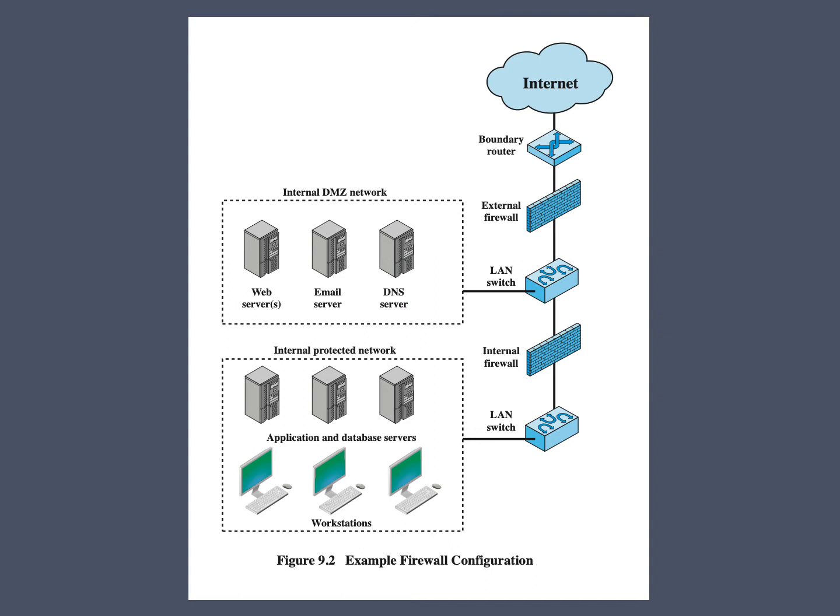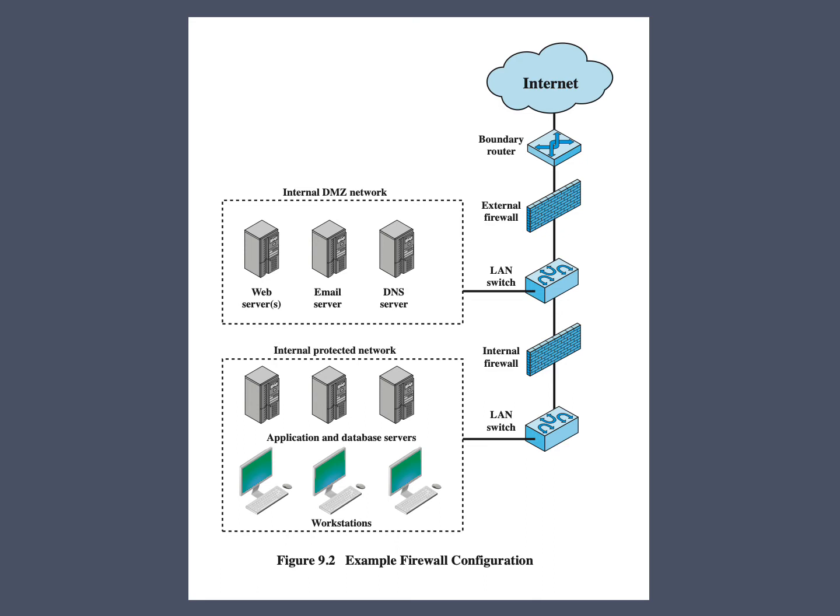Here's an illustration of a firewall. We see down here the internet, and this is the router that connects the internal network to the internet. That's an example of an external firewall. Then we have switches, and we could also have an internal firewall.